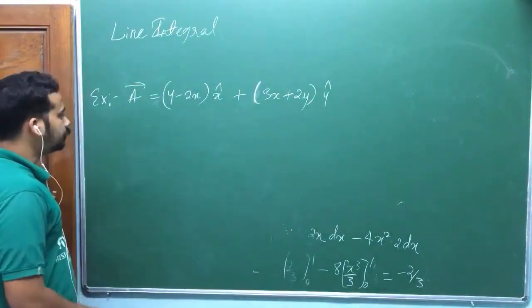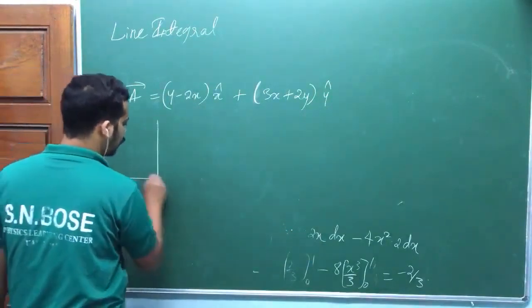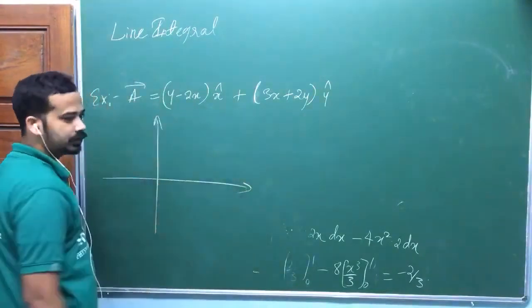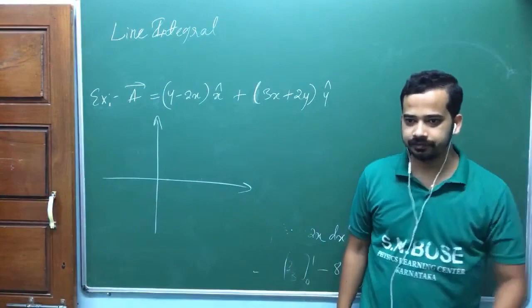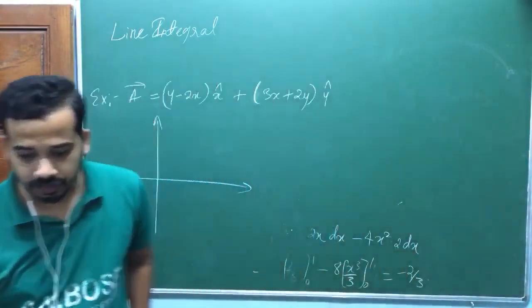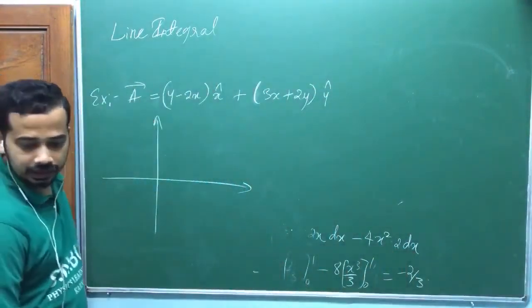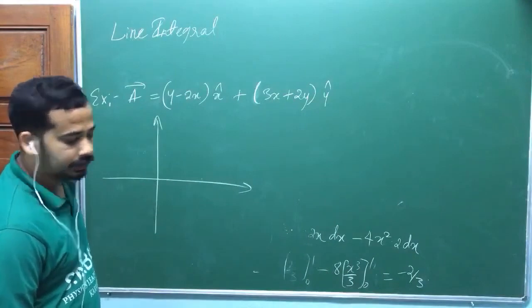So compute the circulation. Look at here. I defined that one as a circulation. What do you mean by circulation? Closed line integral. Compute the circulation about a circle C in the xy plane centered at the origin, radius 2.